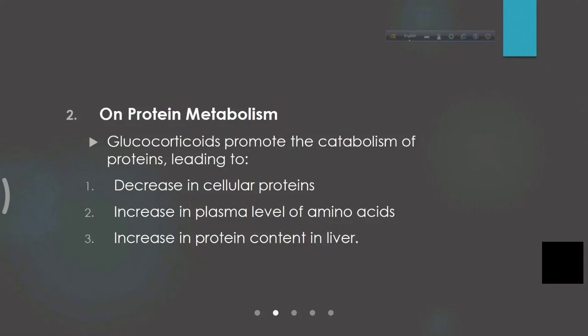Protein metabolism, I've said already: glucocorticoids promote catabolism of protein in the peripheral tissues, decreasing cellular protein, and plasma amino acid levels are increased.